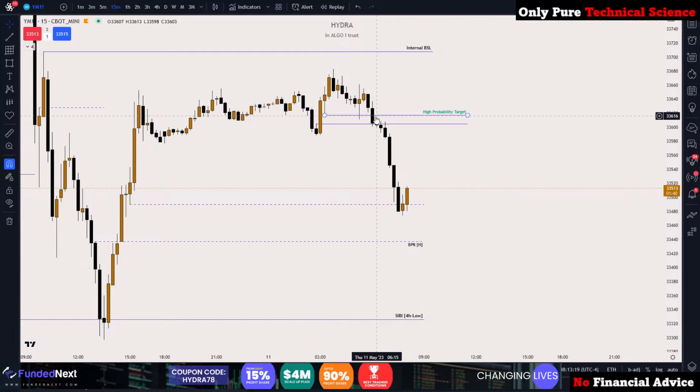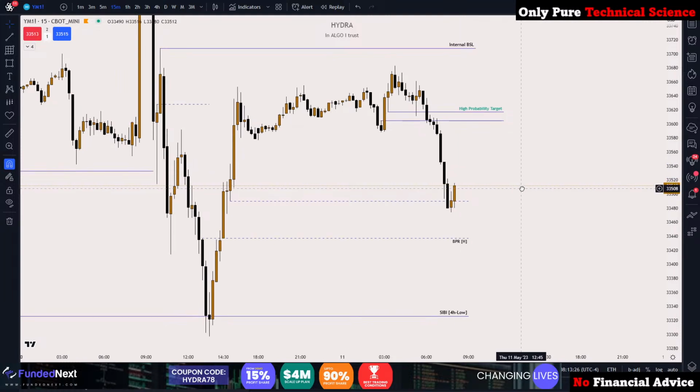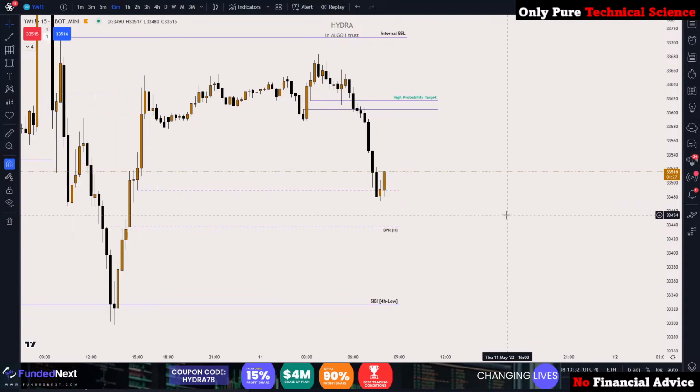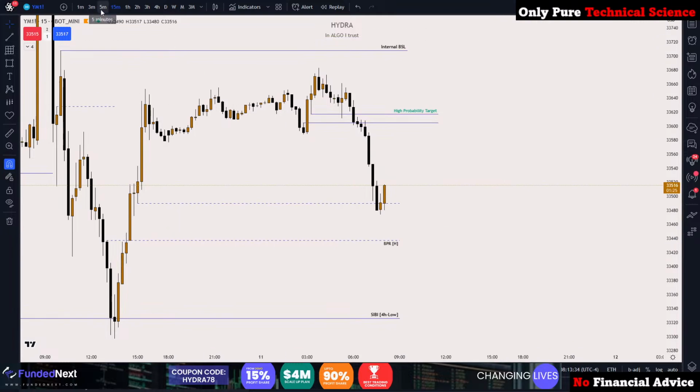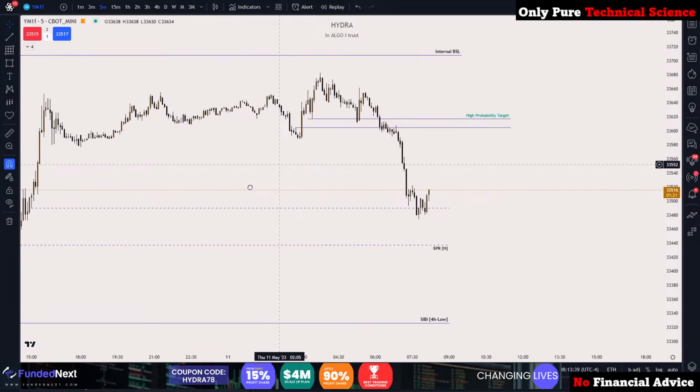So that's what I'm looking at on Dow. Nothing complicated today. It's very simple for me. The price action is not choppy like other days. It's clean. So let's see from where price will get support, and to do that we'll have to drop down to the lower time frame.